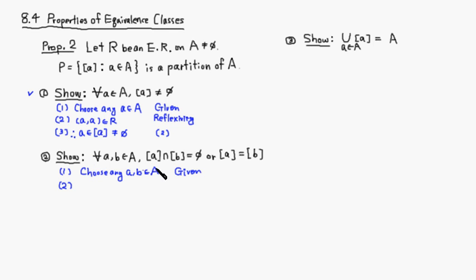So what if this is not disjoint? Assume that the equivalence class represented by a is not disjoint from the equivalence class represented by b.